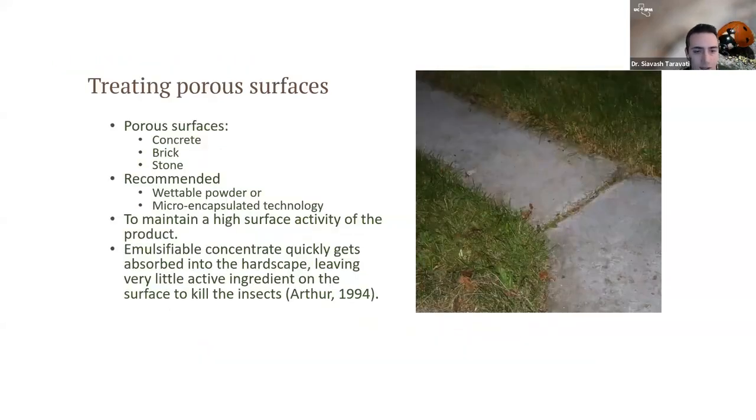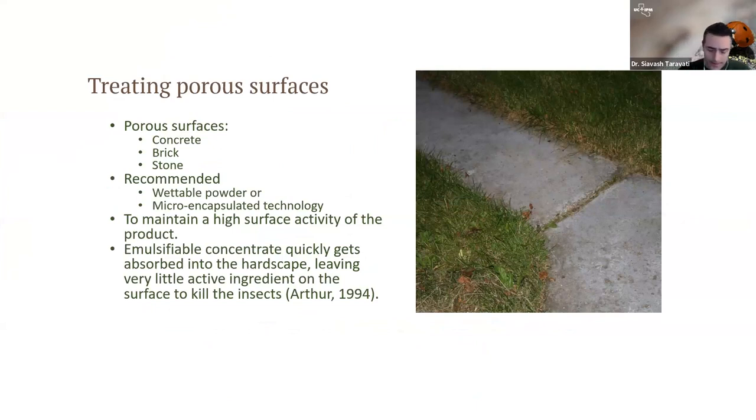And the last thing, on porous surfaces. Anytime you apply to concrete, brick or stone, it's recommended that you use either a wettable powder or something with microencapsulated technology, so you'll maintain high surface activity.